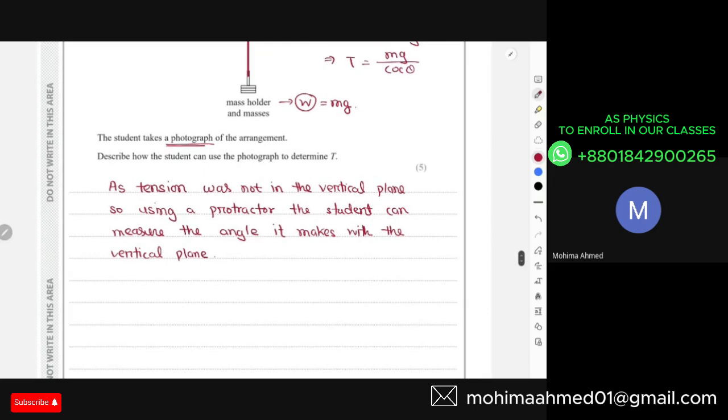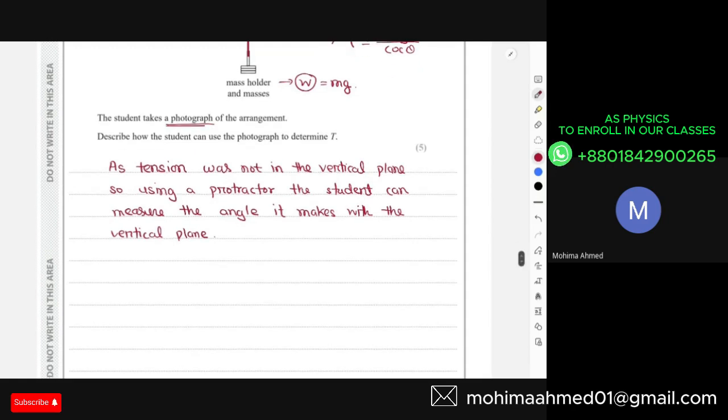With the vertical plane. After this, we have to talk about the angle it makes with the vertical plane. After this, we can say that the vertical plane is equal to the weight from the mass hanger.